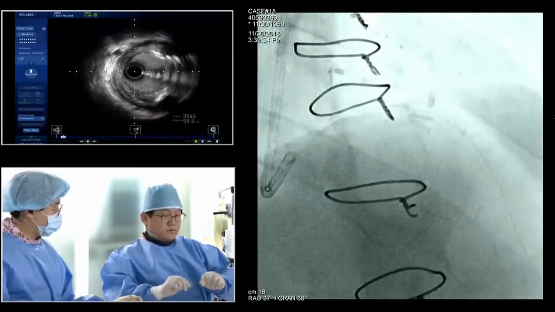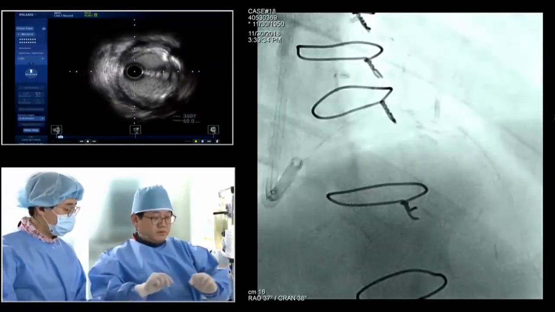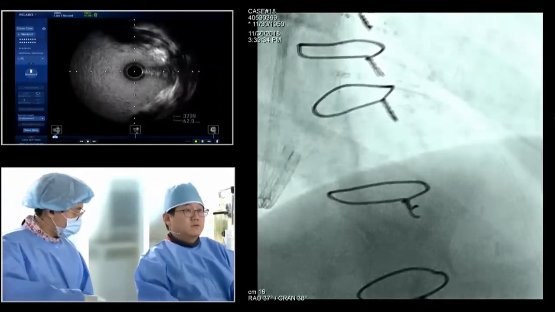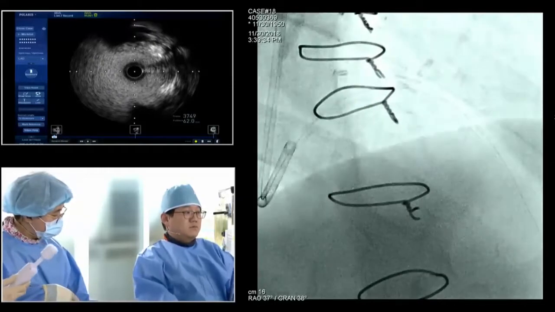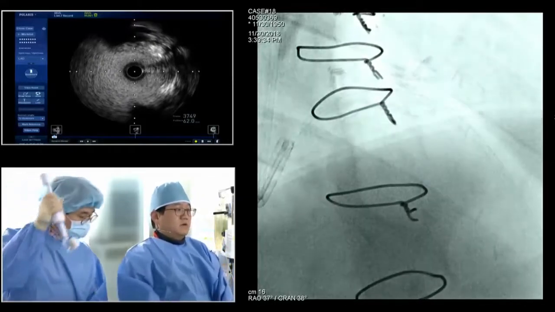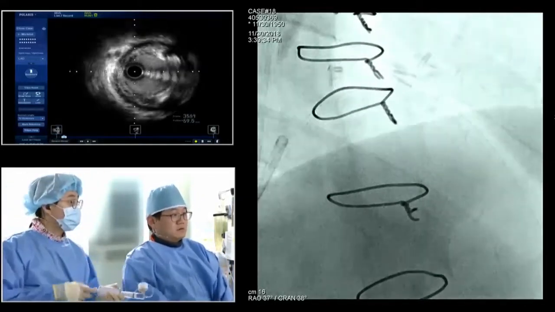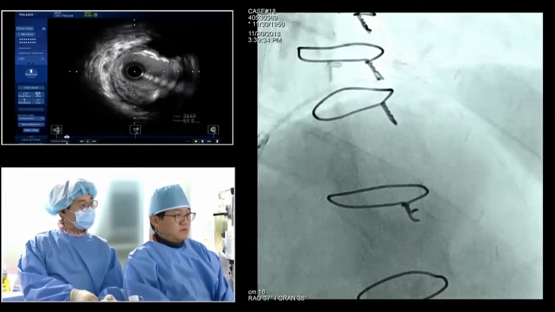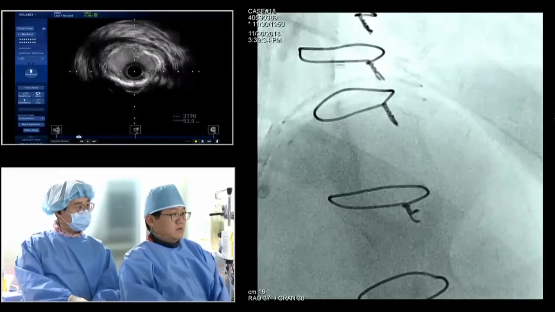So from the LAD to the left main ostium, because based on the IVUS, there is diffuse plaque to the left main ostium. Overlapping doesn't matter. So my focus is ostial coverage. Okay, test.